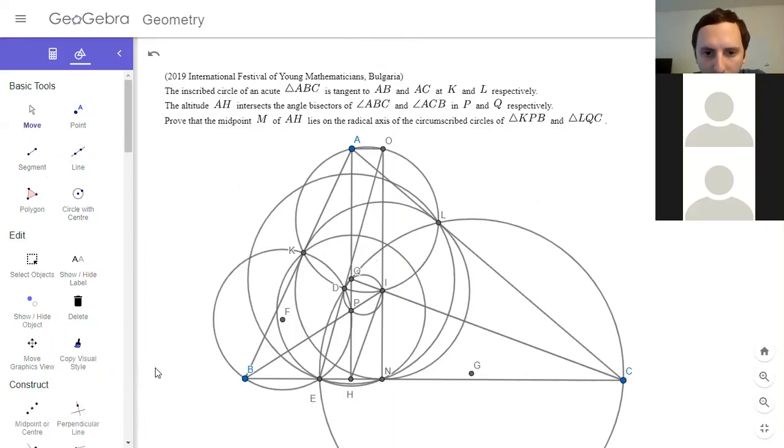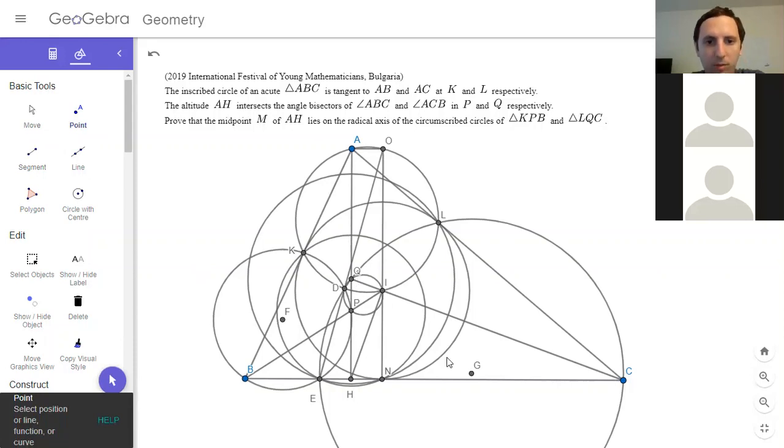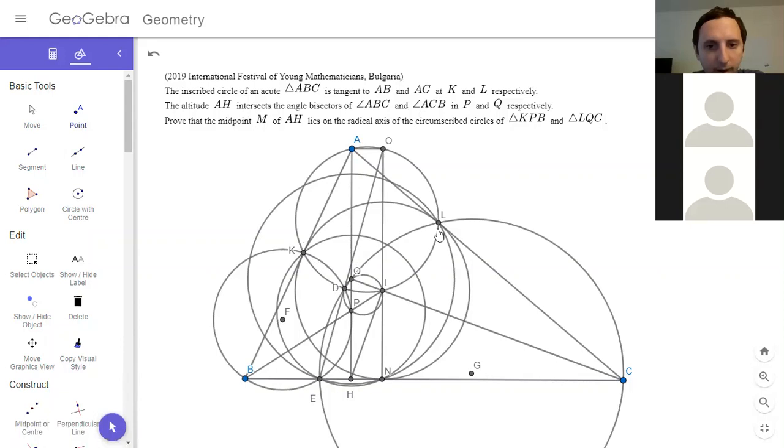If we draw this picture, is it obvious that AO is parallel to BC? Okay, so we draw the circumcircle of AKDIL, right? Because I have defined O to be such a point.